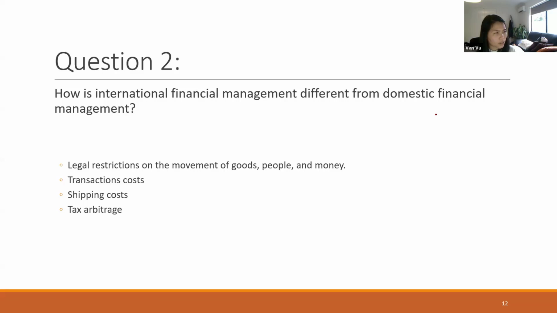Okay, so in addition to risk exposure, which we talked about before at the start of the class, the second difference between international finance and domestic finance is that with international finance, we need to be aware of different types of market frictions.